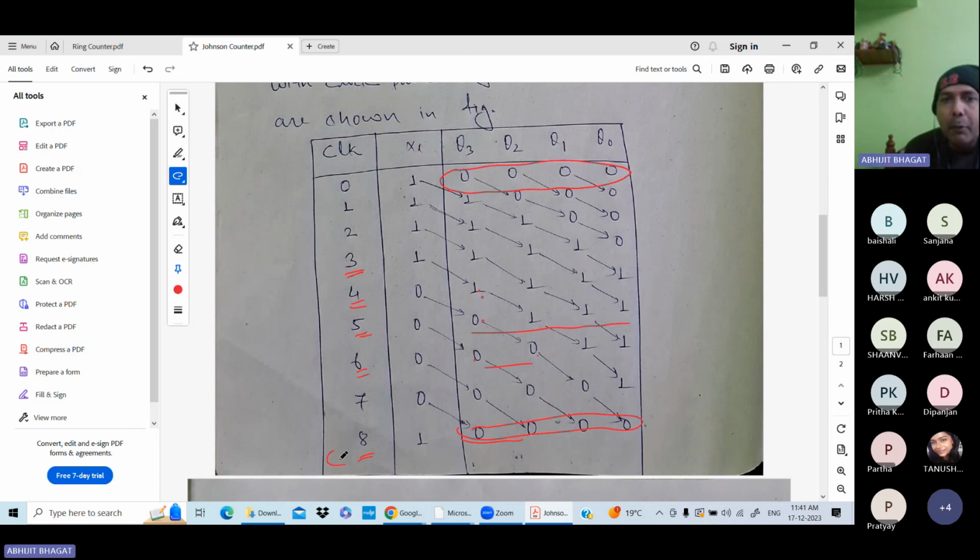After that, if you provide the next clock pulse, it is repeated. So after the 8 clock pulses the data is repeating.